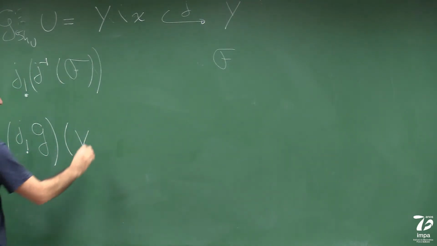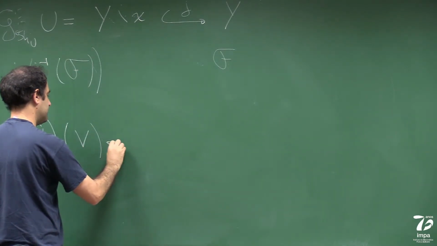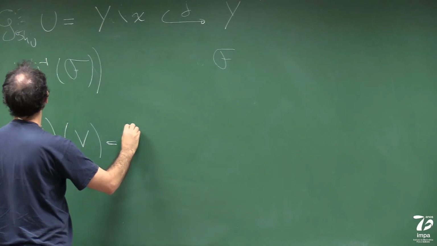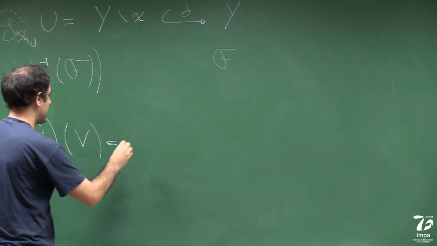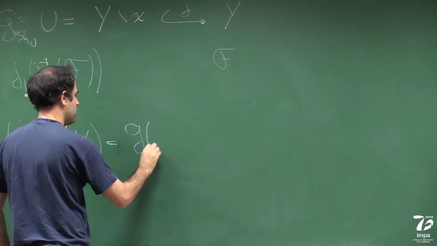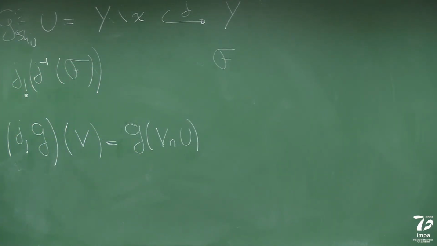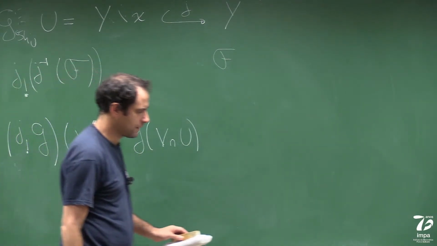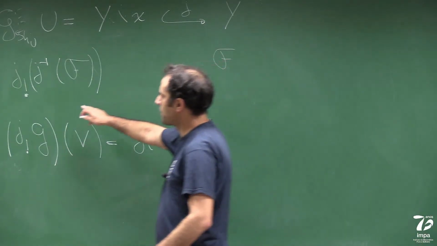You'll declare its value on V to be just the values of G, so you want to extend this sheaf on U by 0. So I'll declare this sheaf on Y to be my G on V intersected with U.